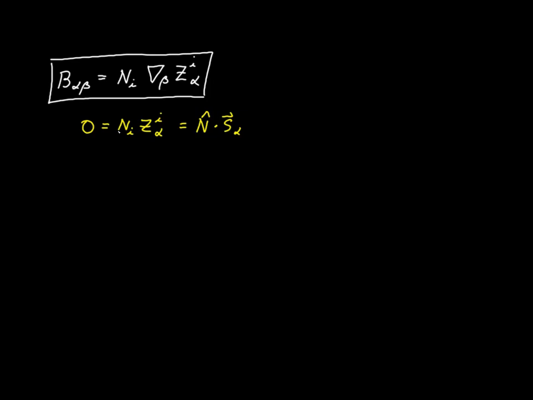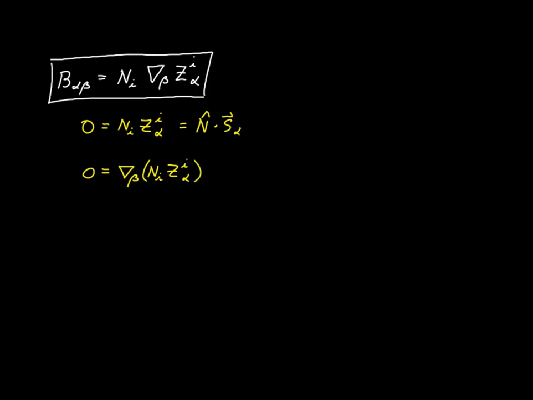All right, now what we're going to do now is to take the surface covariant derivative of both sides of this expression here. And of course, when we do that on the left, we're going to get 0. So we're going to take the derivative with respect to beta of Ni Zi alpha.